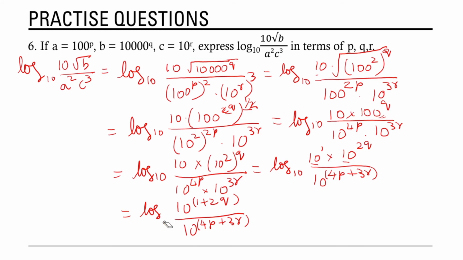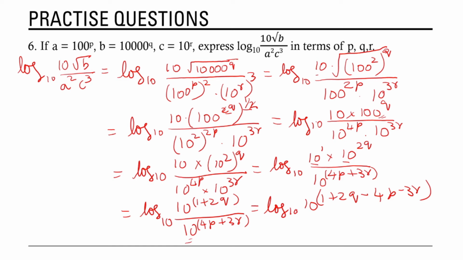So, this is of the form log of a raised to m divided by a raised to n, that is equal to log of a raised to m minus n. This is equal to log of 10 raised to 1 plus 2q minus 4p minus 3r, the base 10.